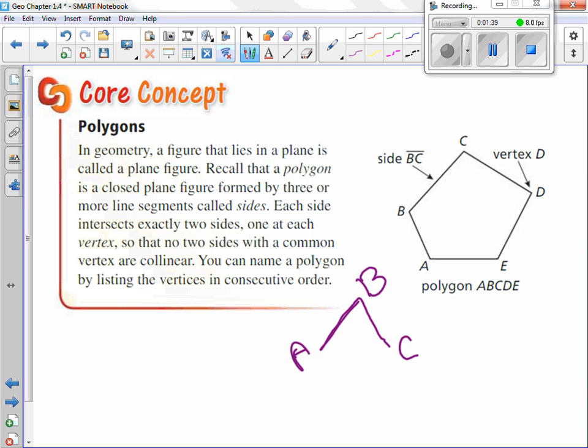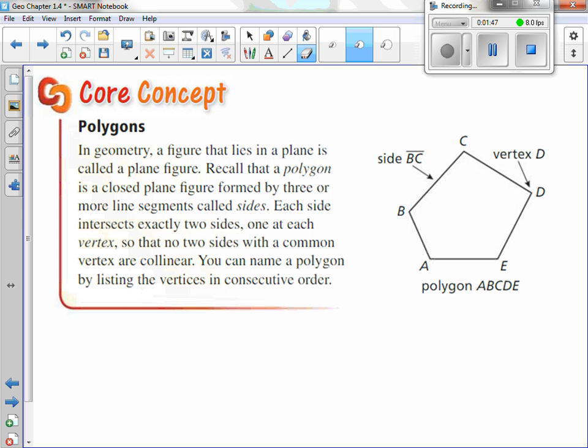No. So that's why we have to have 3 or more. The only way for these 2 to be a closed figure would not be lines. We'd have to talk about curves, curved lines, which we will not do. So a polygon is a closed figure with 3 or more sides.